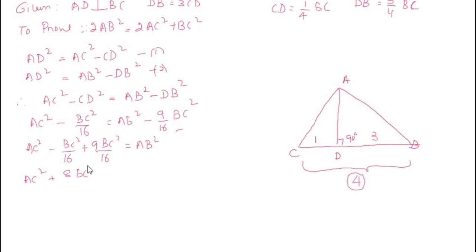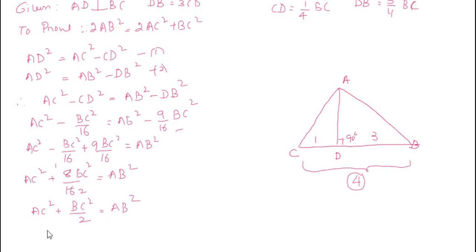8 BC square divided by 16 equal to AB square. 8 ones are 8, 8 twos are 16. So AC square plus BC square divided by 2 equal to AB square.